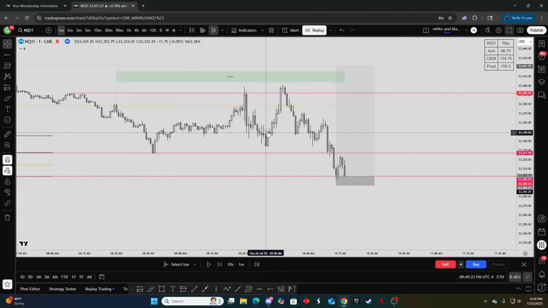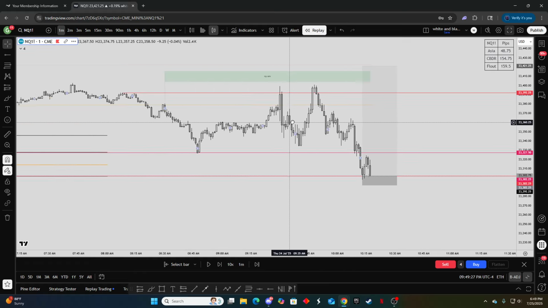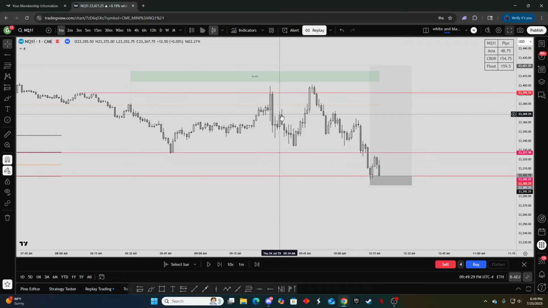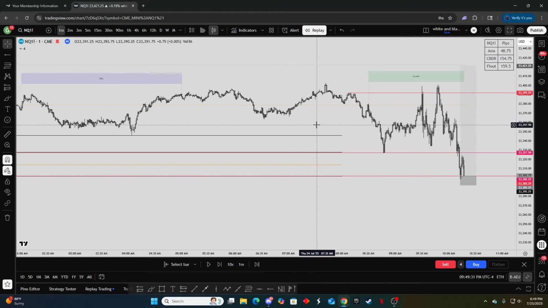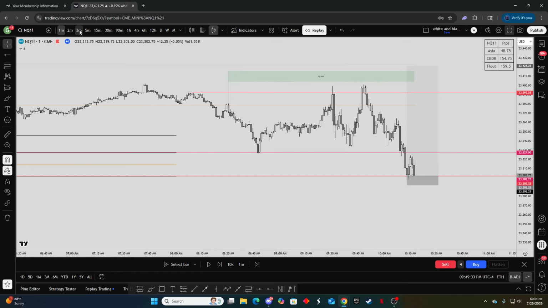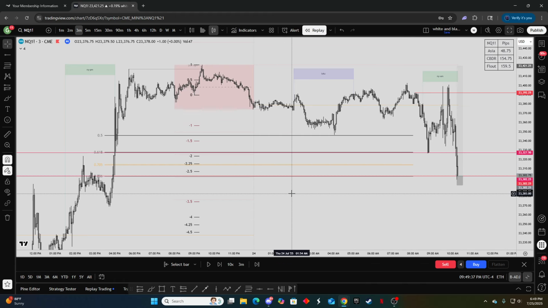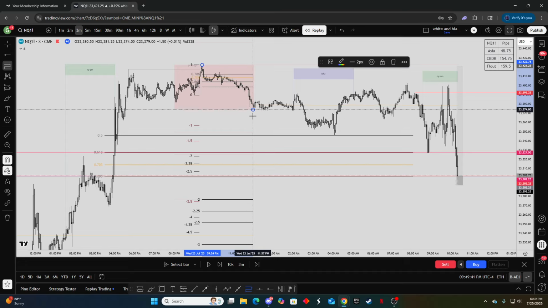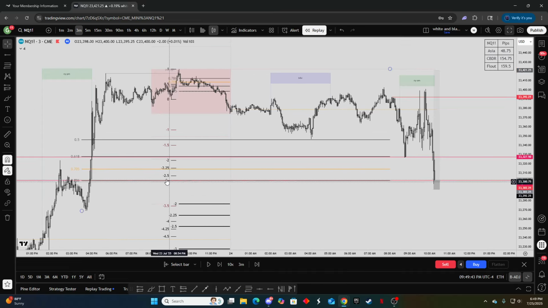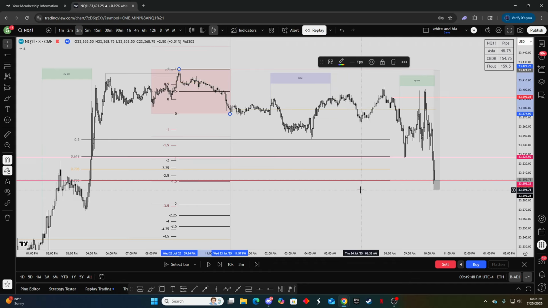And obviously, if you wanted to project some standard deviations, you could have done that, I'm not sure how to do it, but in this case, this was like two and a half. And then if you look at the whole Asia range, this was around one and a half type area, which I like a lot for rejections. Like right here, look.